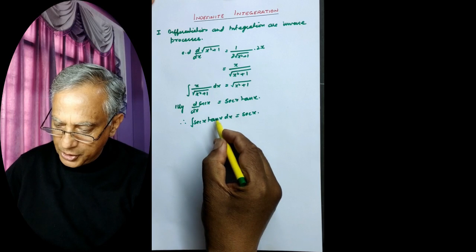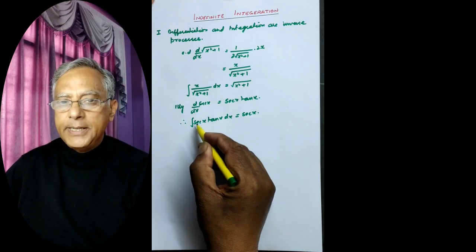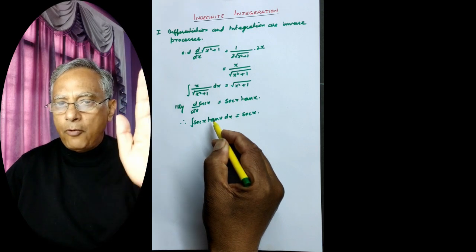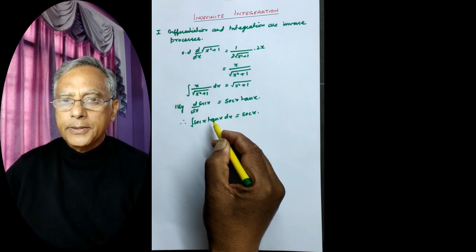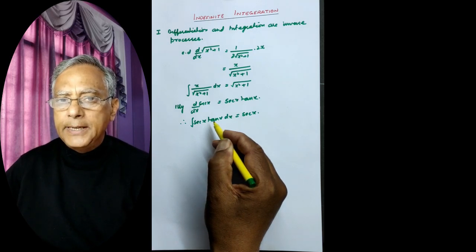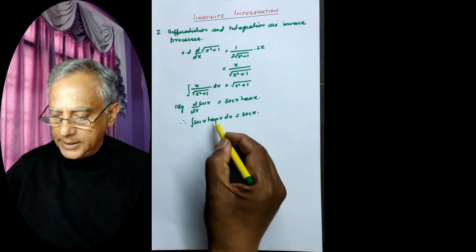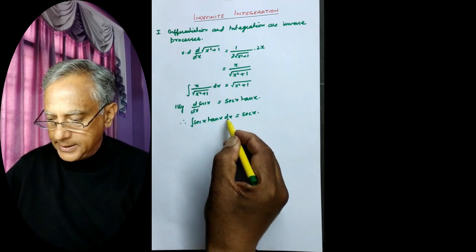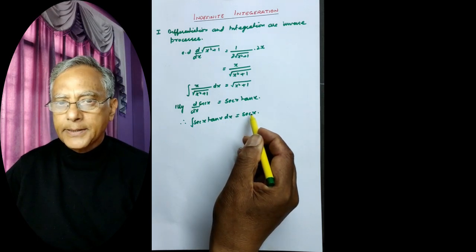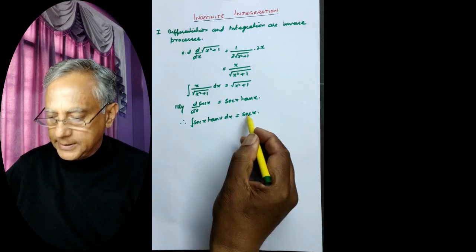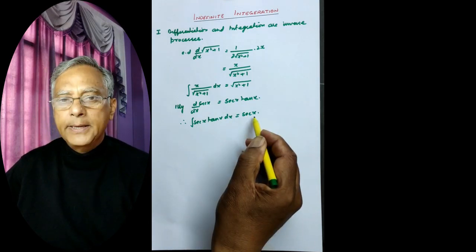What is that function whose differentiation is secant x tangent x? See the formula for differentiation. Secant x tangent x is the differentiation of secant x. So integration of secant x tangent x is secant x. A function whose differentiation is this is secant x. So integration of this will be secant x.